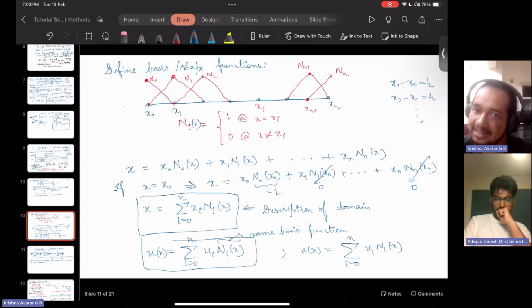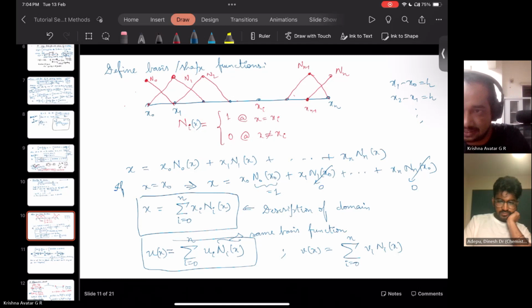For other methods, we still have to derive the shape functions, but they would not be the weighting functions. We would use some other functions as weighting functions, but I have never come across them, because that is still a topic of research in FEM.